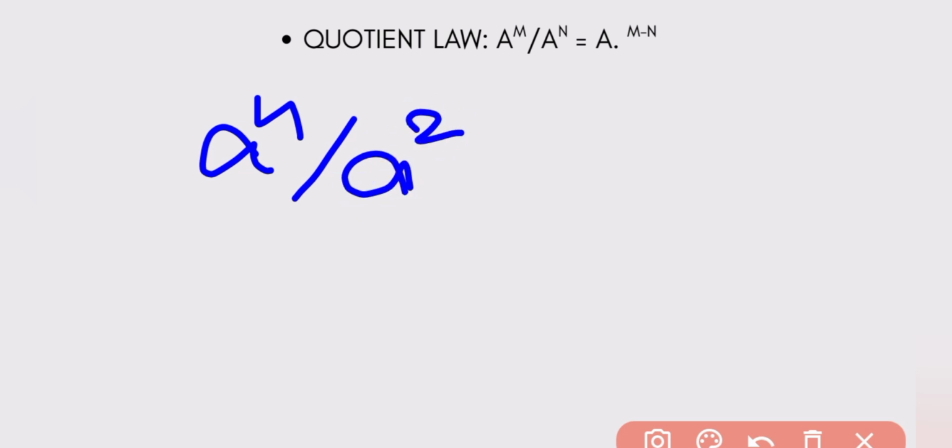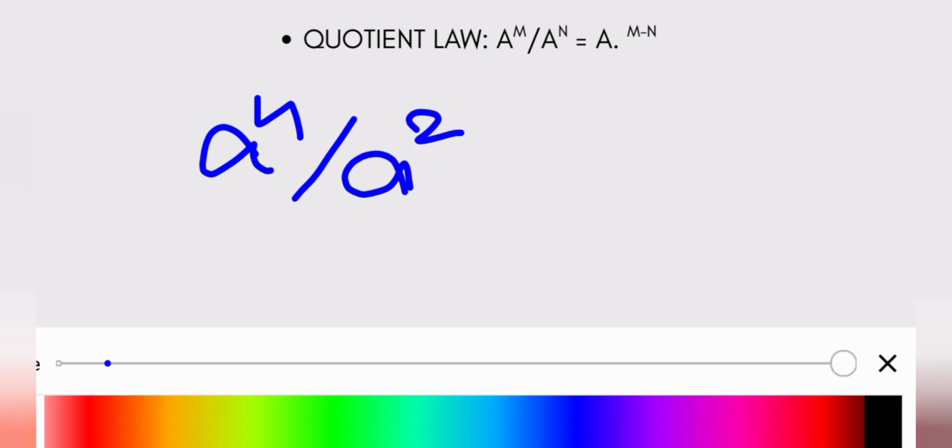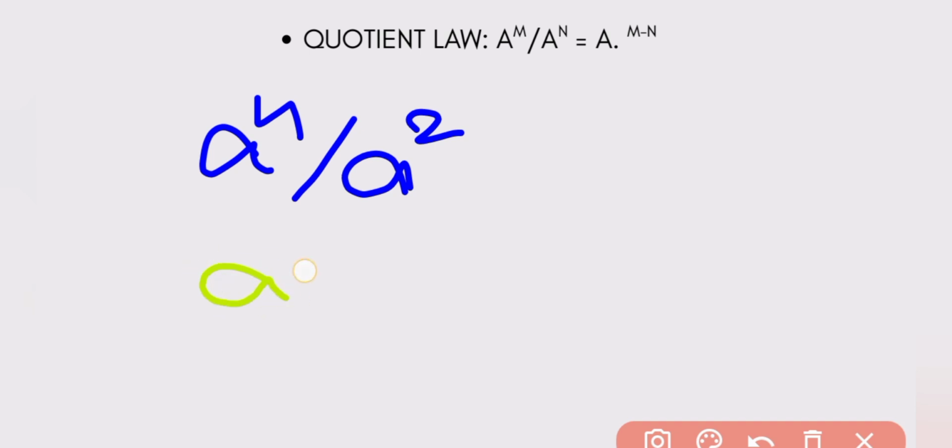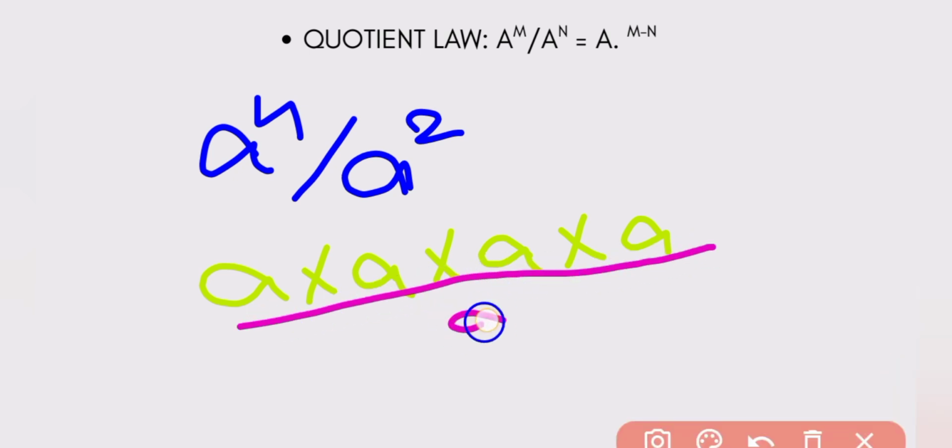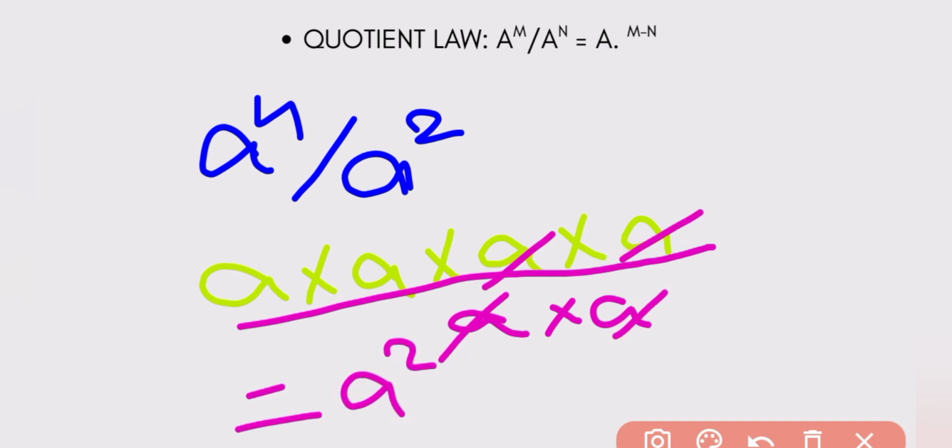If we have a number a to the power 4 divided by a to the power 2, we can write this whole thing as a into a into a into a, and in the division we have a into a. So when we cancel out the similar terms, we get a square, and according to the law the powers will be subtracted, so this gives us 2.